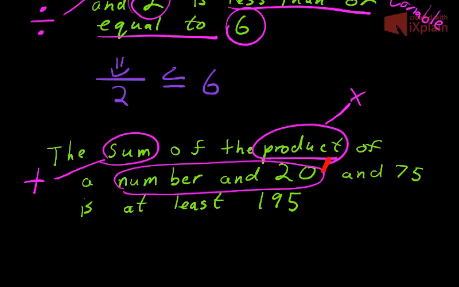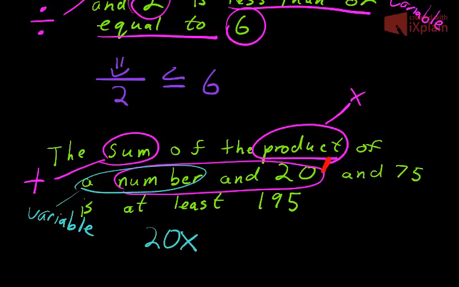So the first thing we need is a variable, since number means variable. I'm going to pick x. And we have the product of that number and 20, so the product means multiplication, which means we're going to have 20x. Then we have the sum of that product and 75. Sum means addition. We are adding 75 on there. So again, product of a number and 20 would be 20 times x, and the sum of that and 75 would be 20x plus 75.